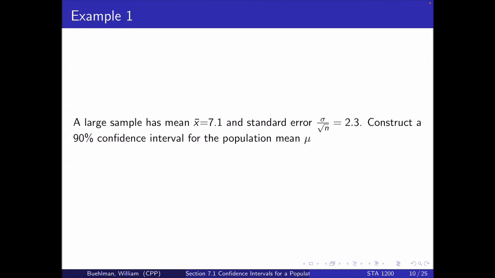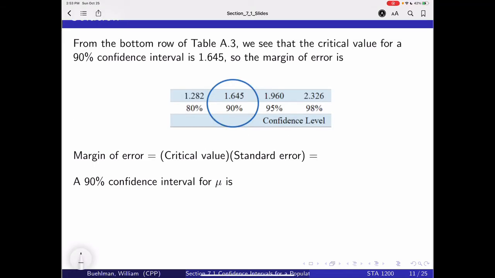2.576. Example 1. A large sample has mean 7.1 and standard error of 2.3. Construct a 90% confidence interval for the population mean. Again, if we go to table A3 and look at the 90% confidence, we would see that the critical value there is 1.645. So our margin of error is 1.645 times our standard error, which is 2.3, which gives us 3.8.